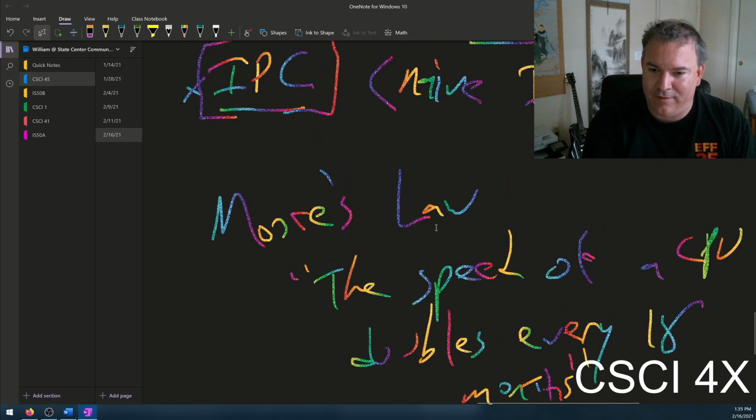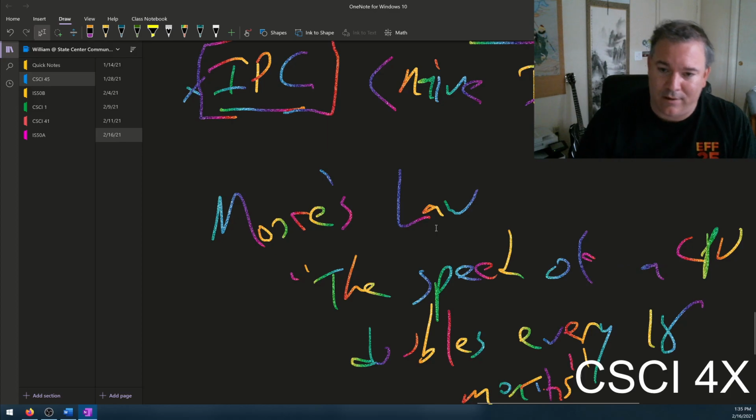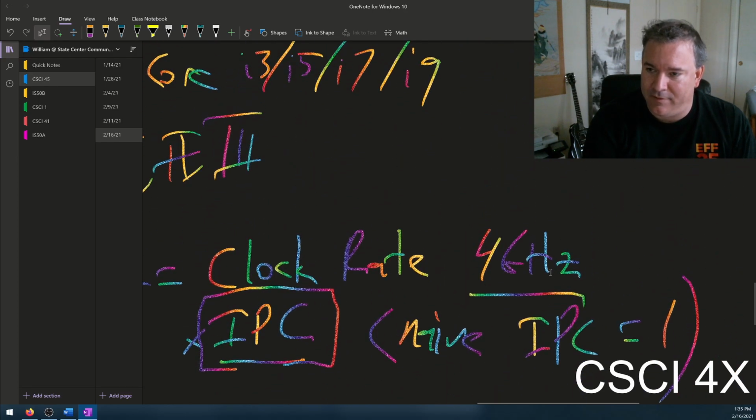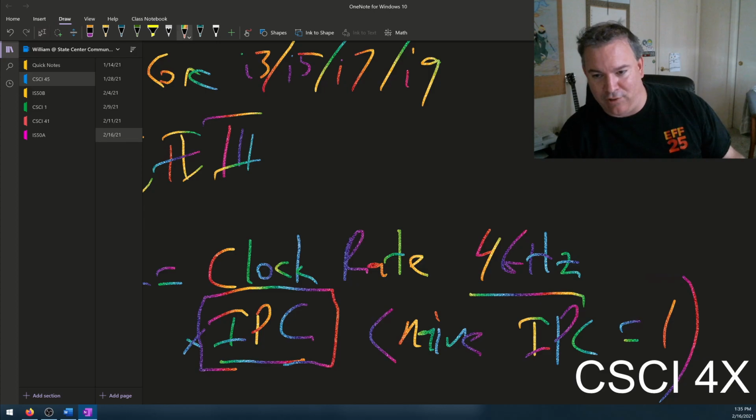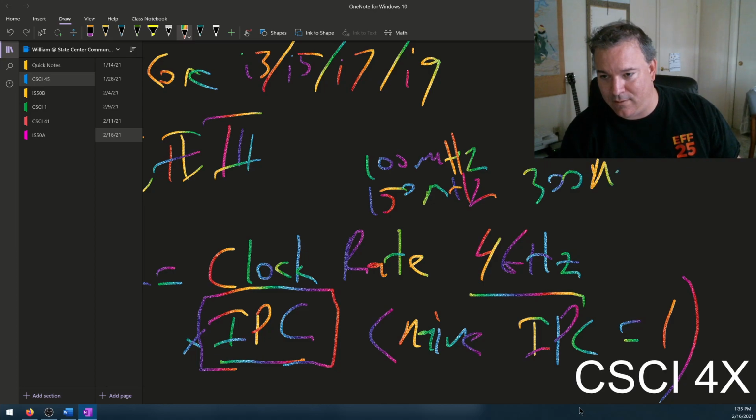The way that he actually phrased it was the density of transistors. He was talking about how many transistors you can pack onto a CPU seems to double roughly every 18 months. But people more colloquially would say the speed of a CPU, because that was how many additions you can do a second. A lot of it was actually driven by the clock rate going up. You go from 100 megahertz to 150 megahertz to 300 megahertz.